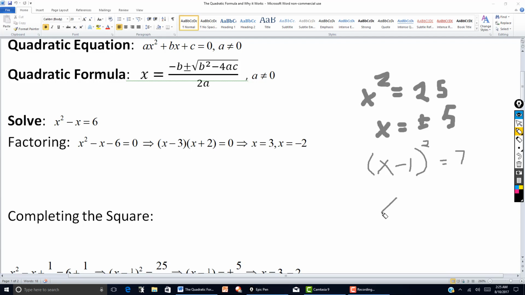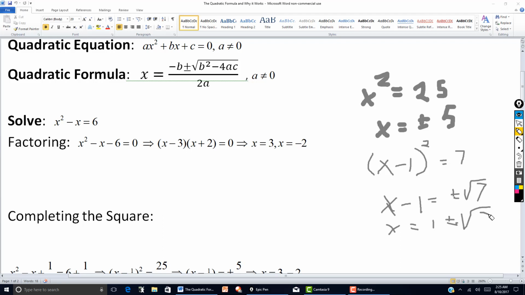So x minus 1 equals plus or minus the square root of 7. For quadratic equations the degree is 2, so you expect at most 2 solutions. You could have repeated solutions, real solutions, or imaginary solutions, but at most you're going to have 2. Then you solve for x, and x is 1 plus or minus the square root of 7.